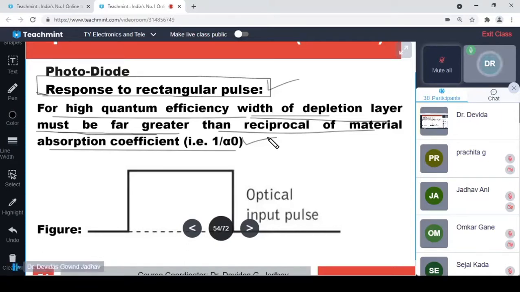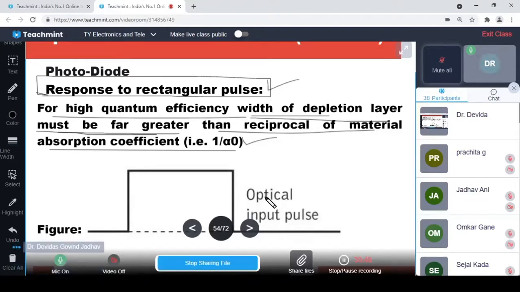So consider this is the optical input pulse, a rectangular pulse. What do you mean by this optical input pulse? This means at a certain time, suppose this time, the optical input starts. The amplitude of the optical input is this much.